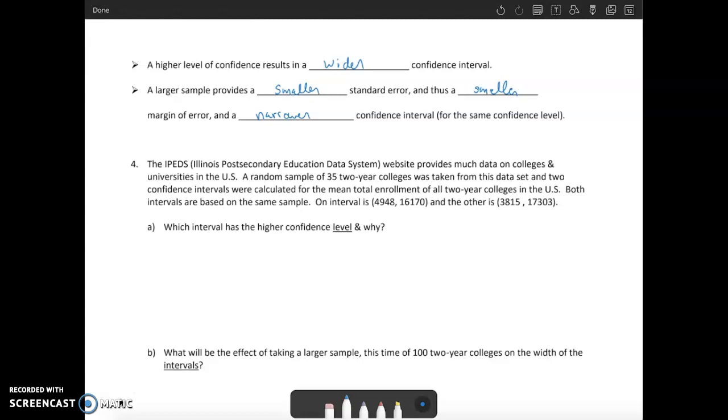So if I set a 95% confidence level, I can still make my intervals wider or narrower depending on if I take larger samples that would narrow it, or smaller samples would end up with a wider interval. So there are a lot of ways that you can manipulate what your intervals look like based on just things that you choose to do in this creation process, because you get to choose the confidence level if you're actually creating one of these from scratch, and you obviously are in charge of the sample size that you take.